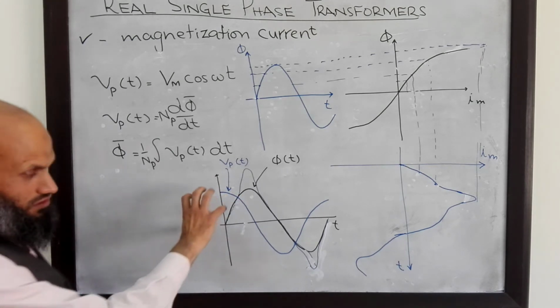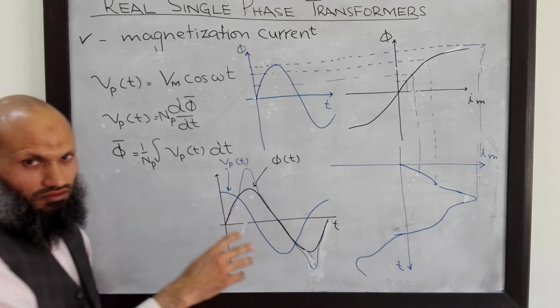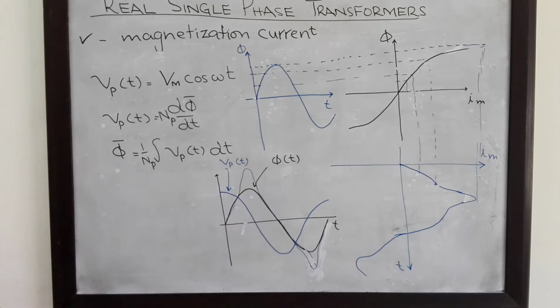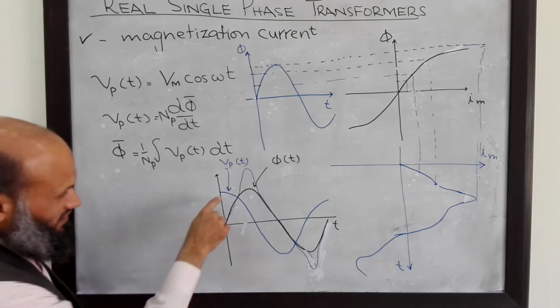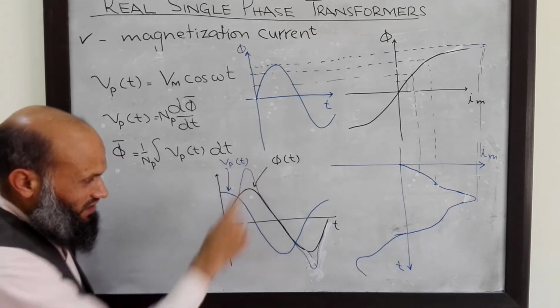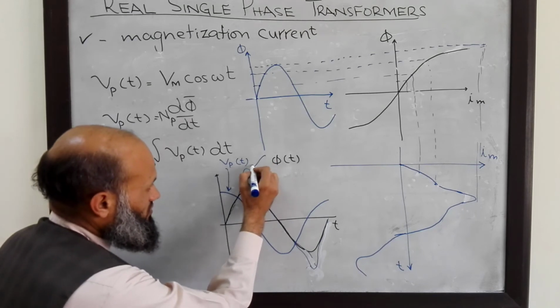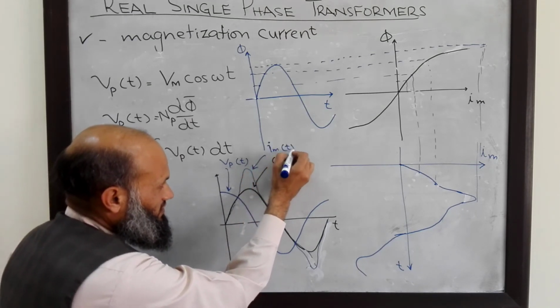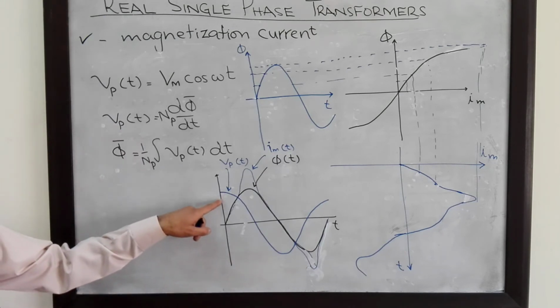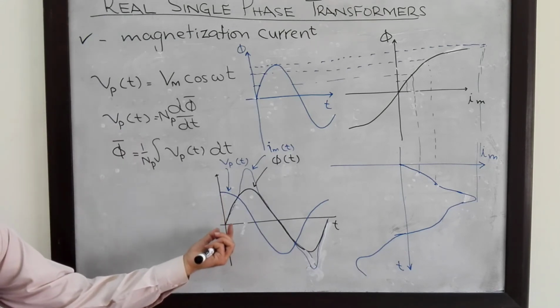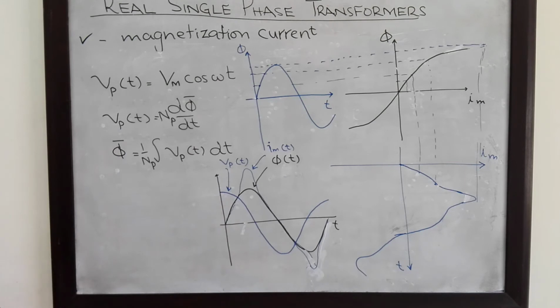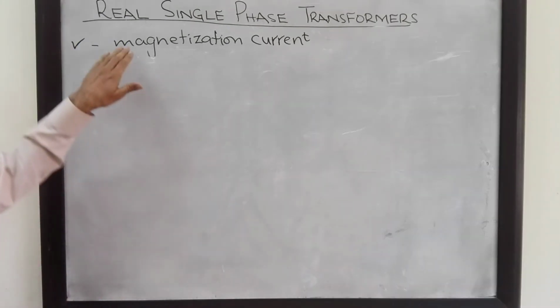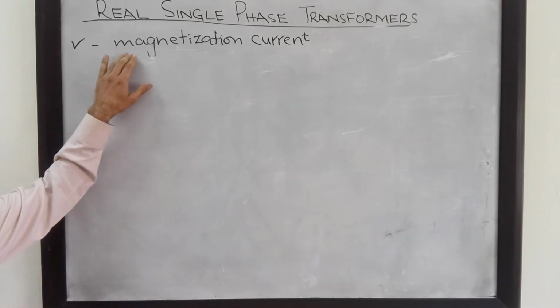This information will be useful when we obtain the equivalent electrical circuit for a real transformer. The magnetization current, depicted over here as Im of t, lags the applied voltage by 90 degrees. So we have talked about magnetization current.